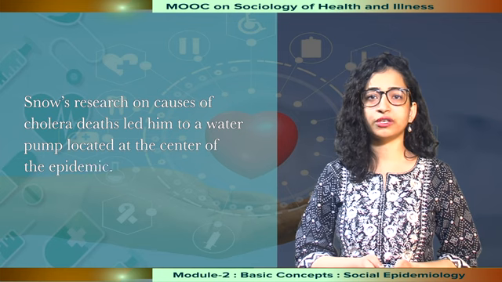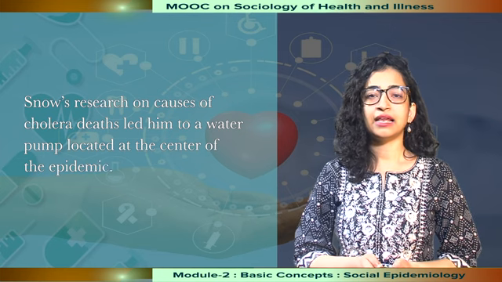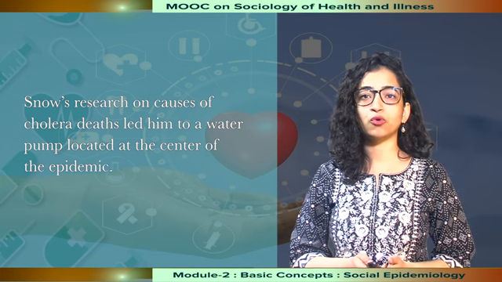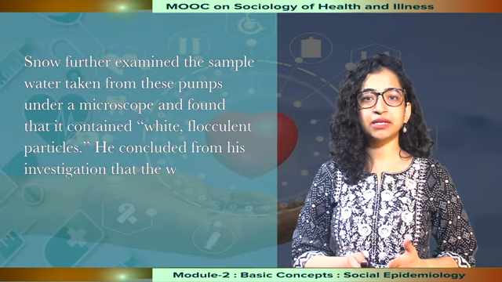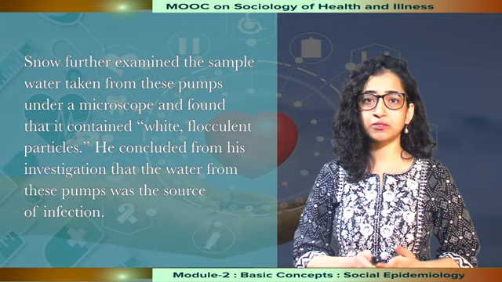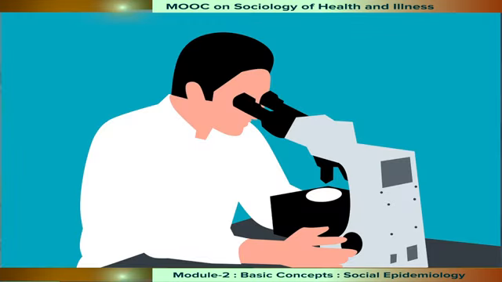Snow's research on the causes of cholera deaths led him to a water pump located at the center of the epidemic. He further examined sample water taken from these pumps under a microscope and found that it contained white flocculent particles.